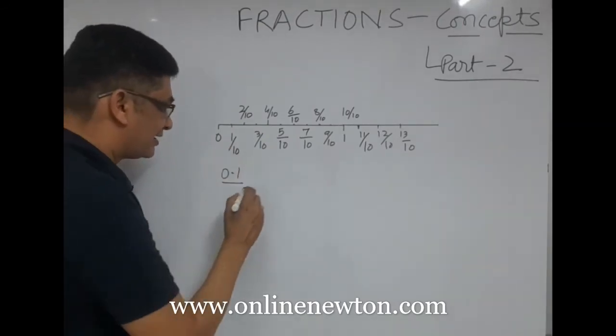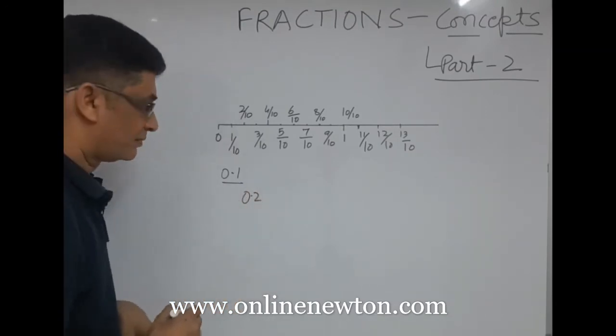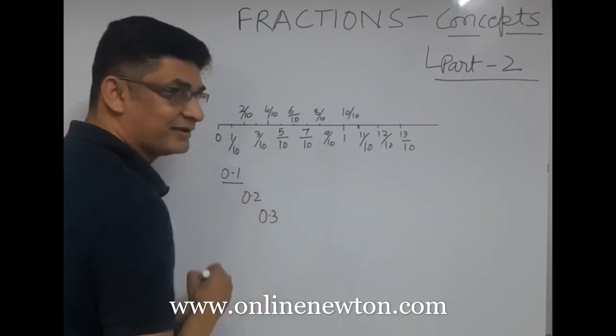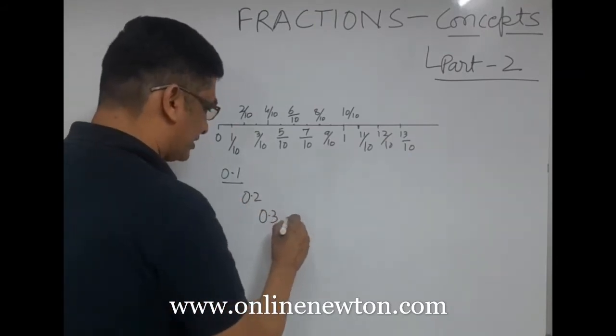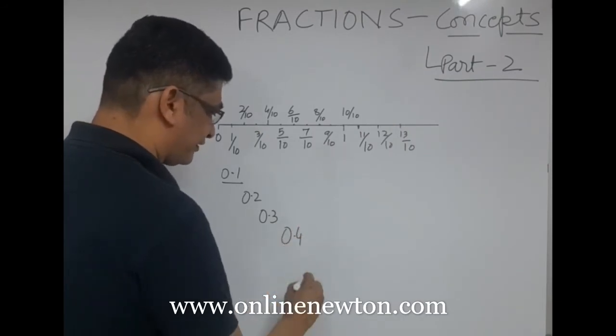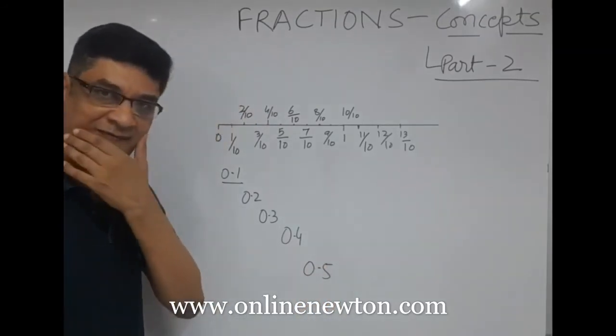The second part is written as 0.2. The third part is written as 0.3. The fourth part is written as 0.4. The fifth part is written as 0.5.